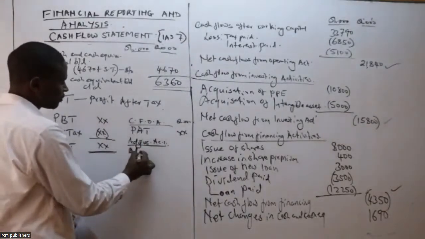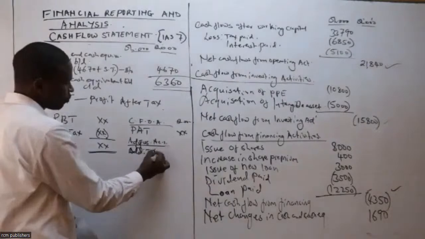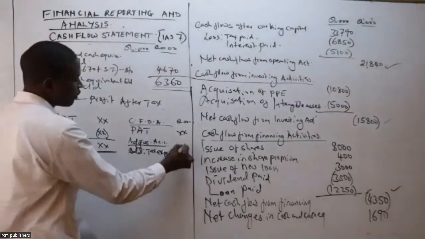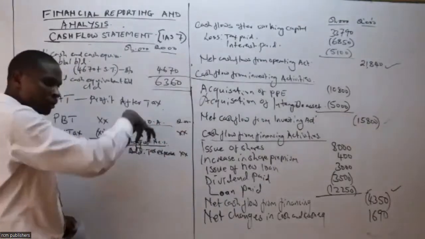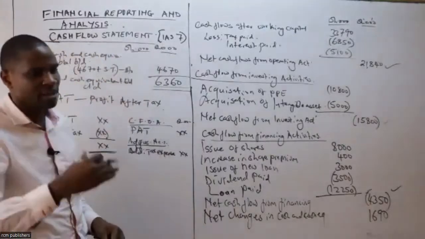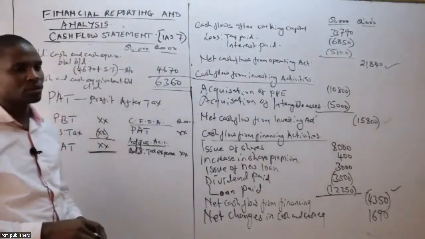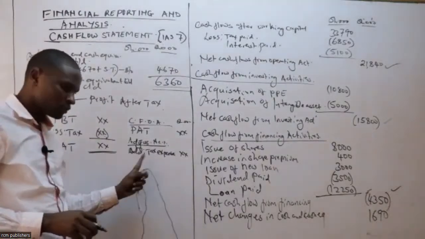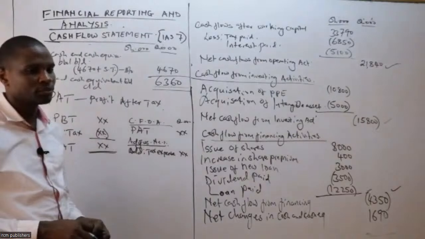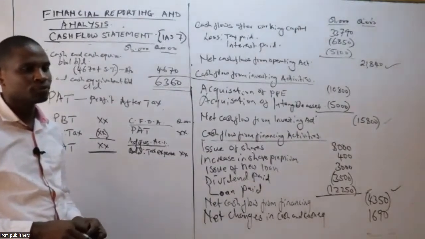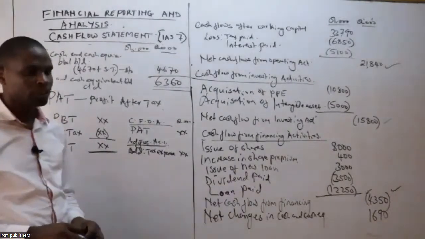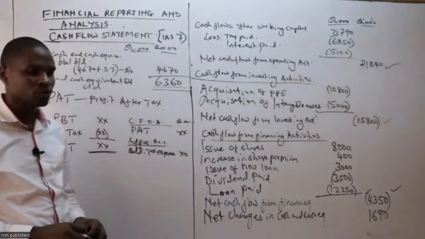You add tax expense. So you shall have returned this profit to a profit before tax. Kerosi, are we together now? Do you understand the concept? So you add the tax back under adjustment of non-cash item. Are we together?